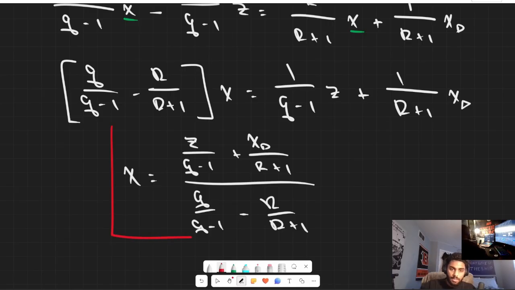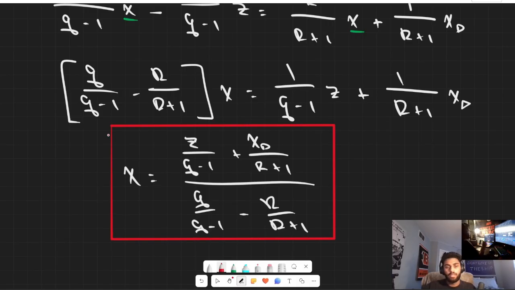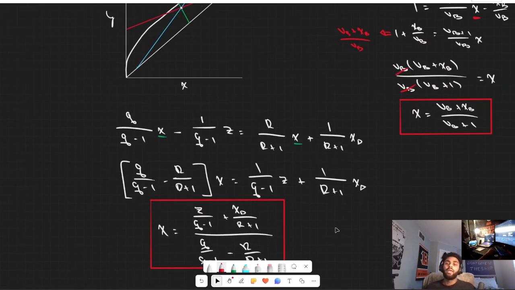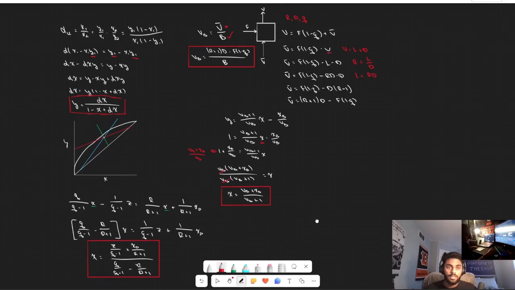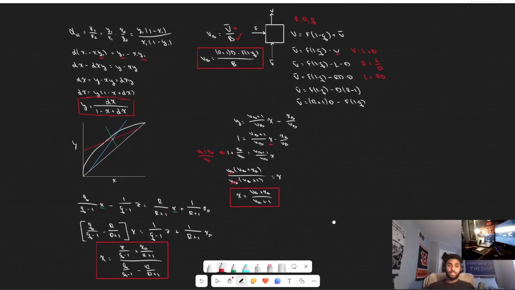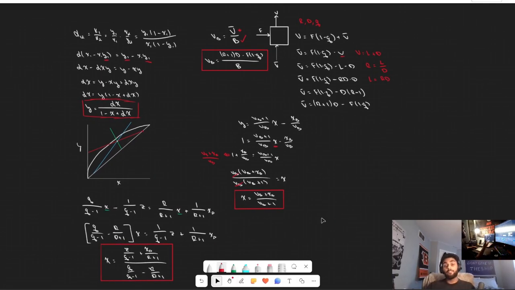So now that is the equation that will help us find the intersecting point of all three of those operating lines. And now what we can actually end up doing with all of these derivations is we can then define a set of operating set points for a distillation column and be able to calculate and graph out an entire McCabe-Thiele diagram, which is something that we'll do in the next video.